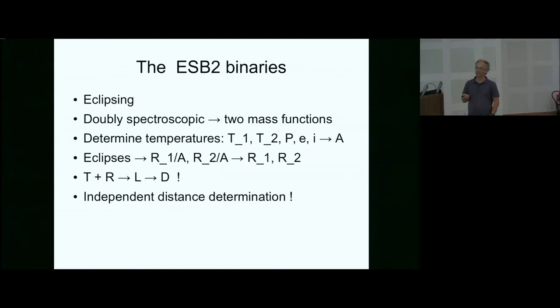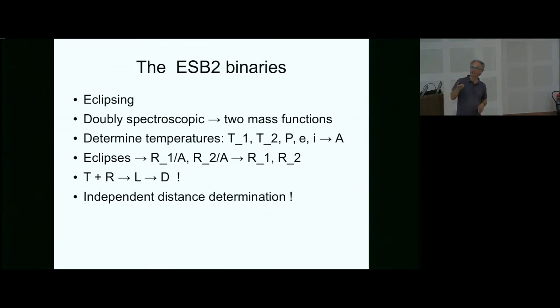So we have two mass functions, we have the inclinations, so we have the masses. Now, if they are spectroscopic, we can determine their temperatures, and this is one thing. And we can certainly find their period, ellipticity, and inclination. So having the masses, the size of the orbit, just from Kepler's law.